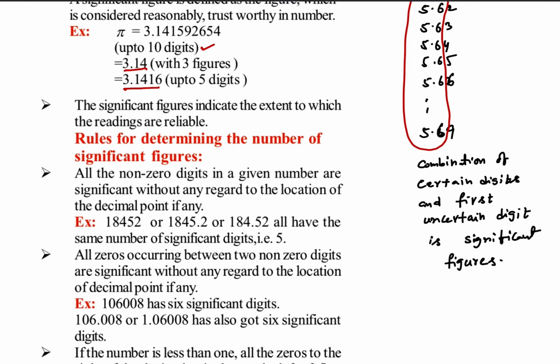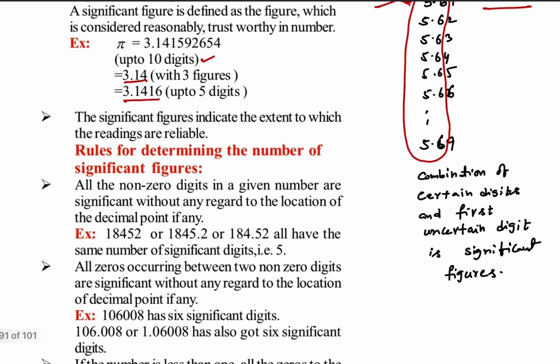In the case of pi, it is a number, and a number will have infinite significant figures. As per the given situation, we can take up to 5 digits, 10 digits, 3 digits, or even 2 digits. I am writing: a number will have infinite significant figures.